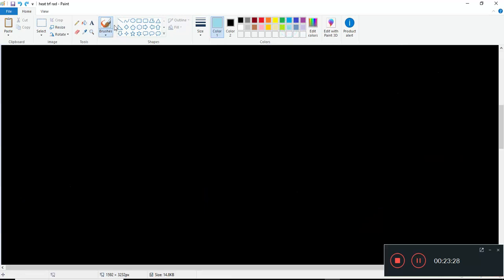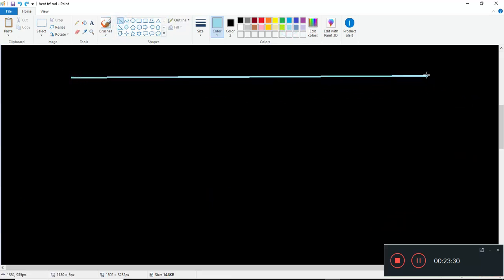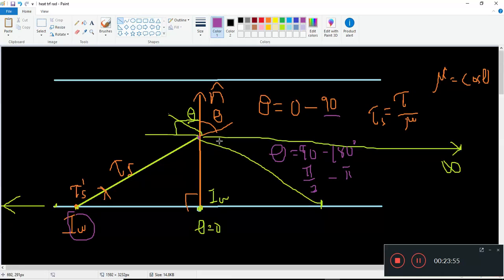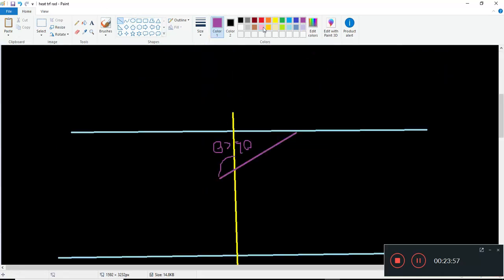So again, let's have our two plates here, and then our normal going from down to up. We have theta more than 90 degrees. We're going to draw that line up there. We'll notice that I omega actually starts from the top.